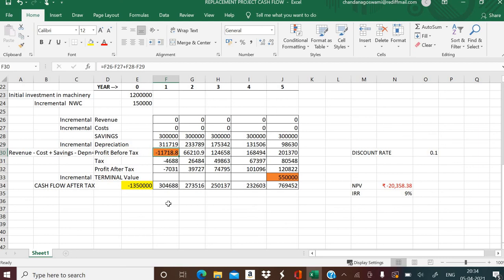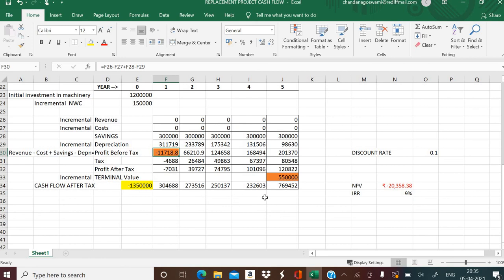So the logic here is that if you would have had a profit of 11,718 rupees, you would have to pay a tax of 4,688. By not having this much of profit, you are saving on this tax component. So this is how you arrive at your profit after tax.